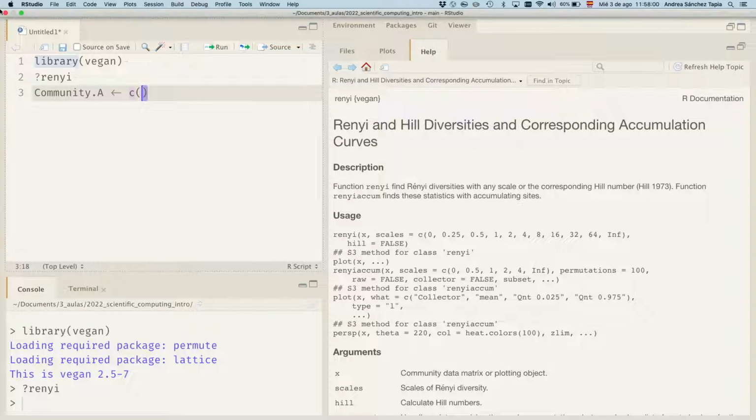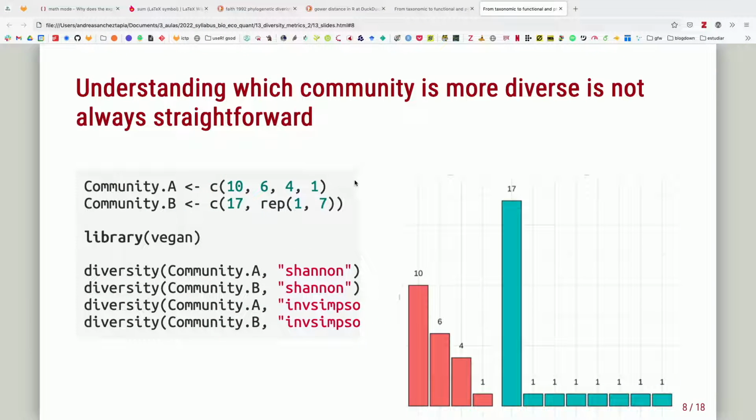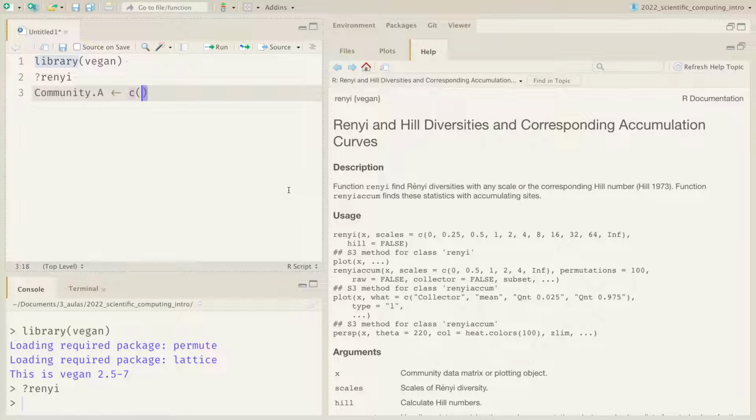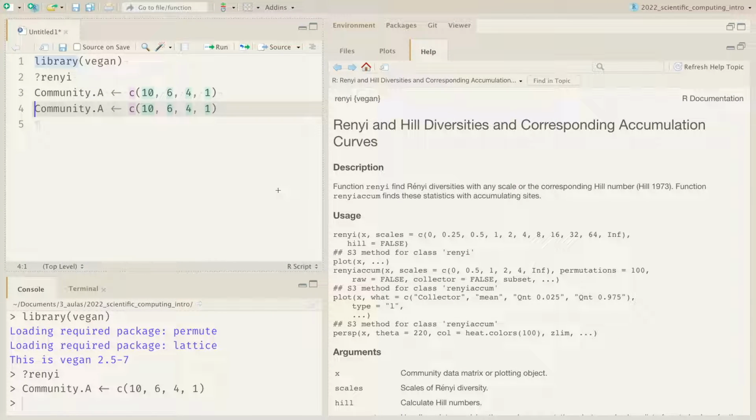Community A is 10, 6, 4, and 1. And community B is 7, and the repetition of 1, 7 times.